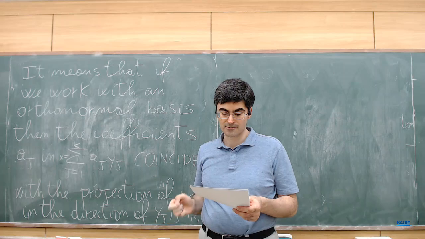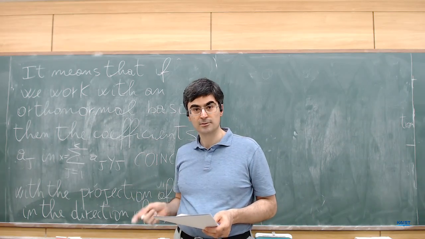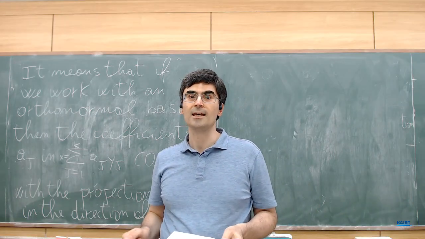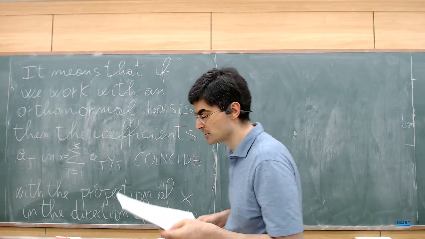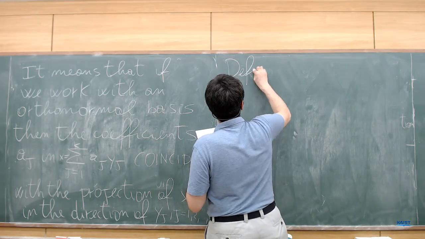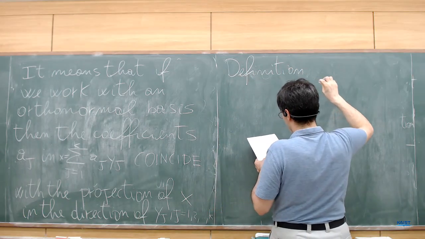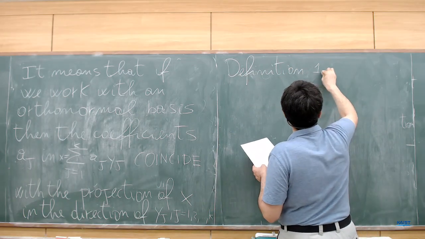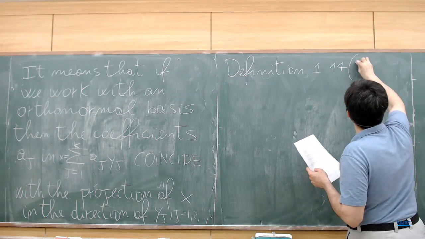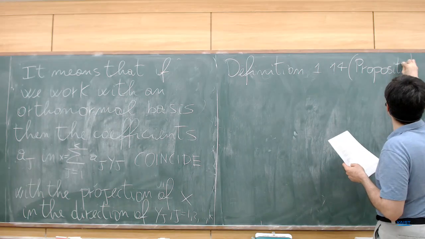The first one is a vector which lies in a collection of vectors, and the second is a vector which is orthogonal to any element of the collection of vectors. Okay, so we have a definition. Also in this case, this is a proposition because part of the statement must be proved.